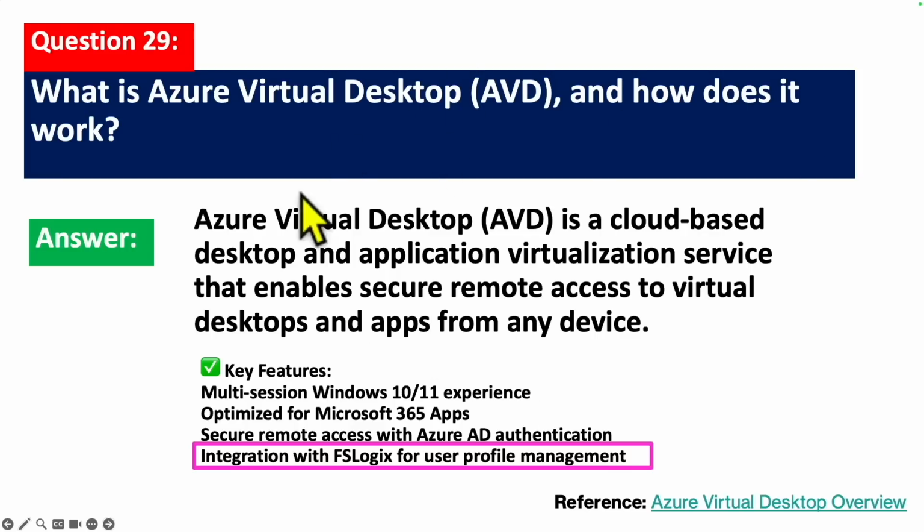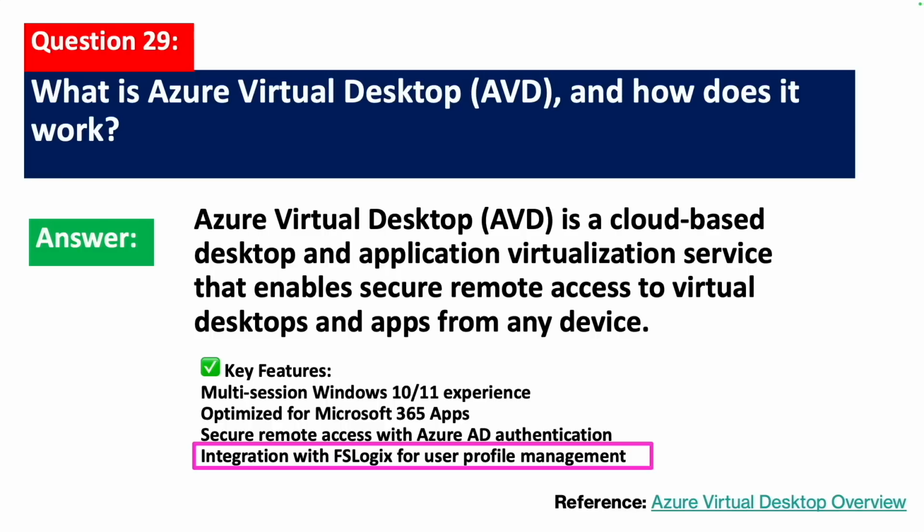So where would you typically use Azure Virtual Desktop? If they ask about some of the use cases, you can tell them that Azure Virtual Desktop or Windows 365 are used in remote work, which enables employees to securely access their work environment from home or other remote locations. Second is temporary staff.